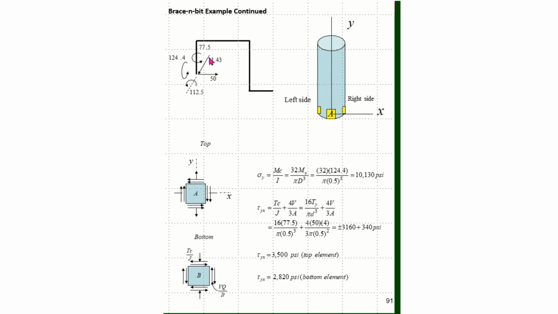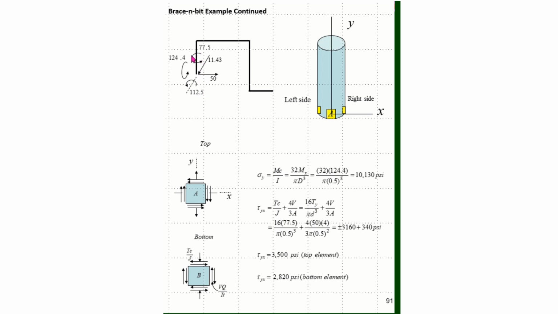Then I look at the 11.43, and the 11.43 is going to be coming right out of A. It's going to be piercing through element A, so Q is 0, and the 11.43 doesn't do anything to the stresses at element A. Now I look at the 112.5, and element A is at the neutral axis for the 112.5.